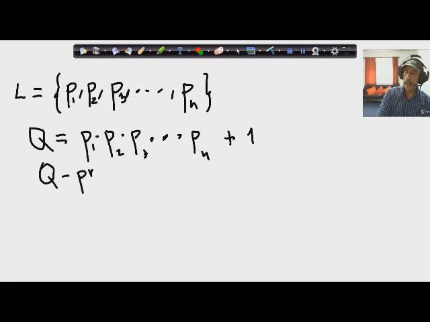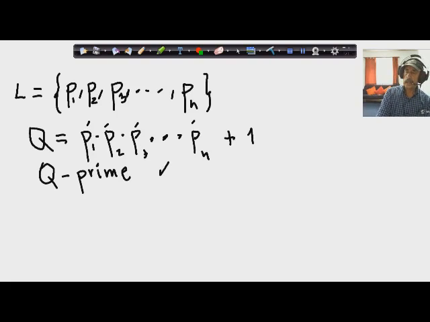If Q were a prime number, then because it's obviously bigger than any of the primes in the list, Q cannot be contained in the list. So this would be a new prime not contained in the list.